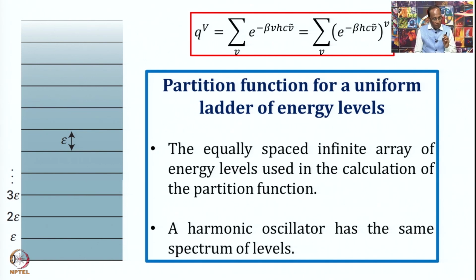So, just a recap, as I discussed in the previous slide, within the harmonic oscillator approximation you can treat the system like a uniform ladder of energy levels, which gives rise to an equally spaced infinite array of energy levels as shown over here, and a harmonic oscillator has the same spectrum of levels. That is what I have been discussing.